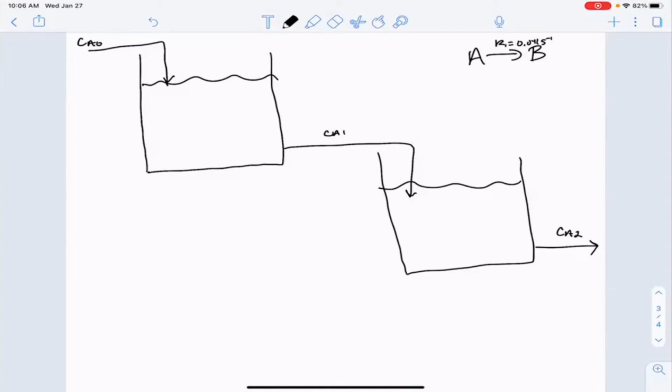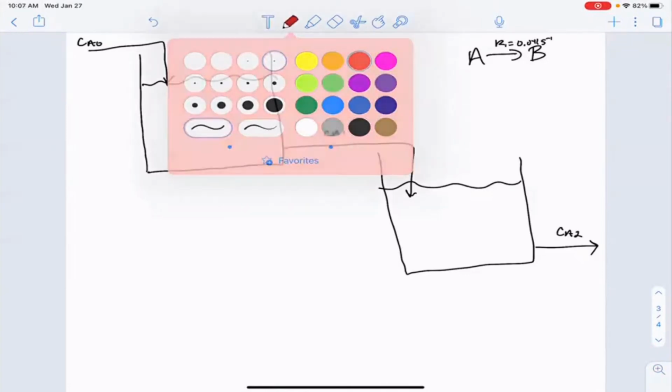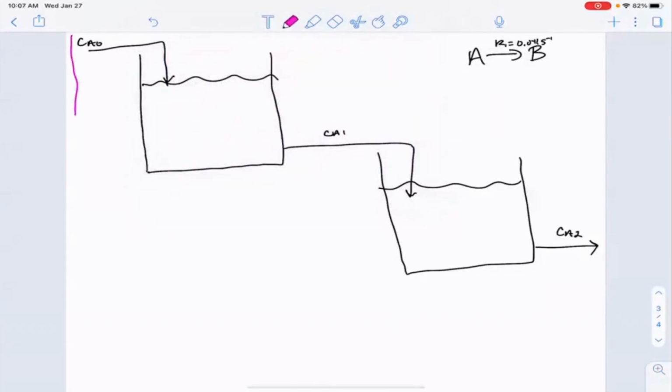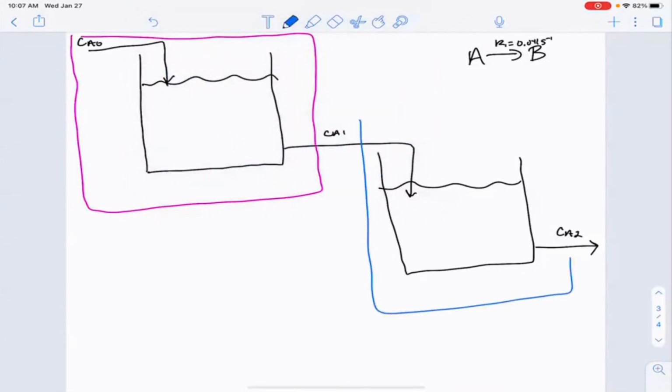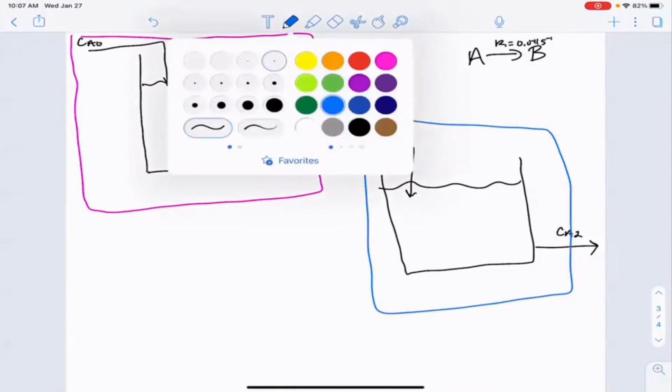Okay, and if we think about this, each reactor is subject to its own mole balance, right? So we can do a mole balance on reactor 1, right, from here to here. And then we also can do a mole balance on reactor 2, and we can do that from here to here, okay? So let's do that, right?